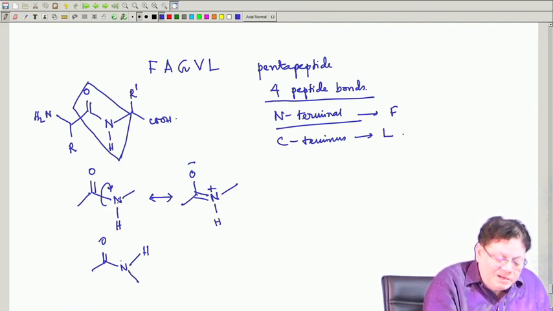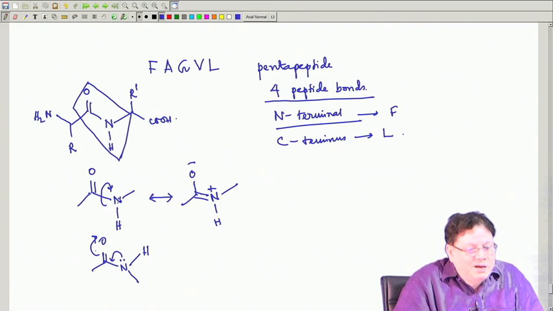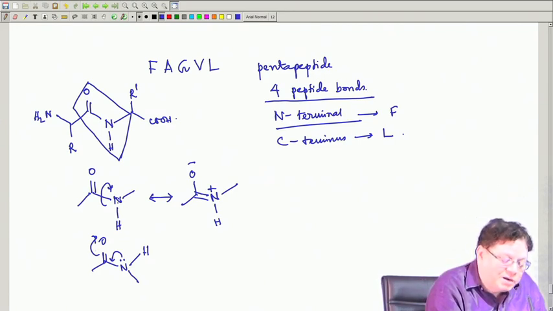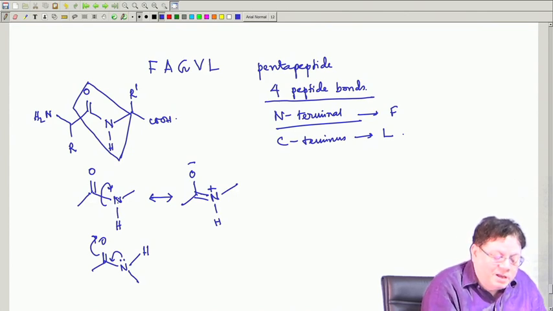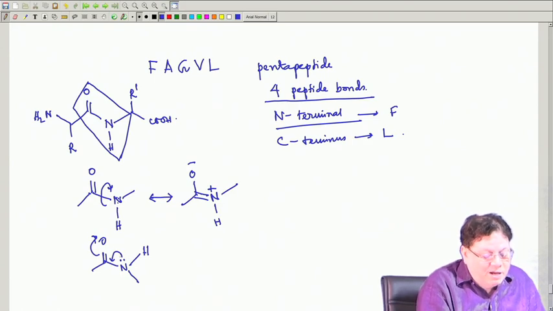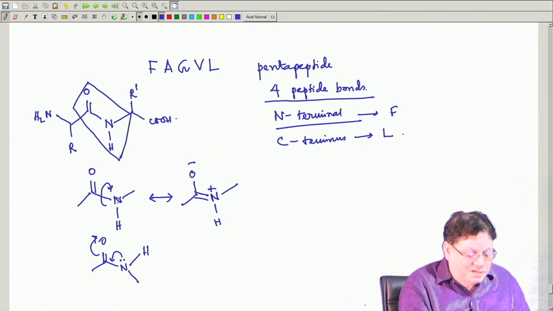That does not hinder the resonance that was operating earlier, because this lone pair, remember, is perpendicular to the nitrogen, and this is the p orbital of the carbon and this is the p orbital of the oxygen. So, it does not matter whether the hydrogen attached to the nitrogen is anti or syn to the carbonyl, the resonance is still there. So, resonance is not affected.